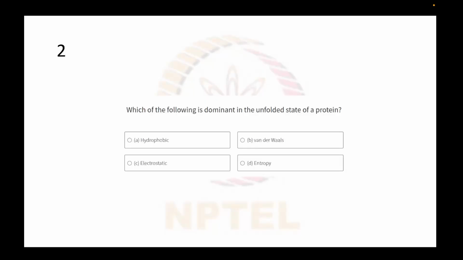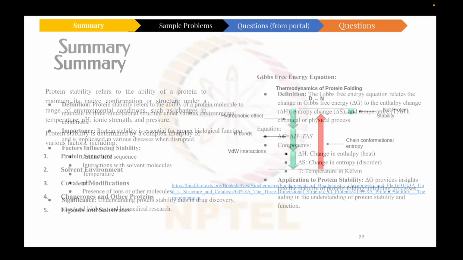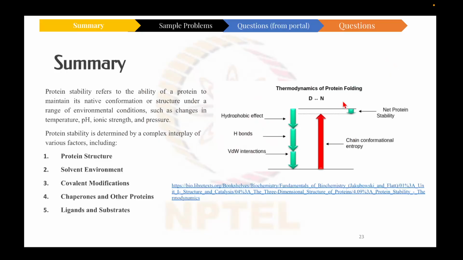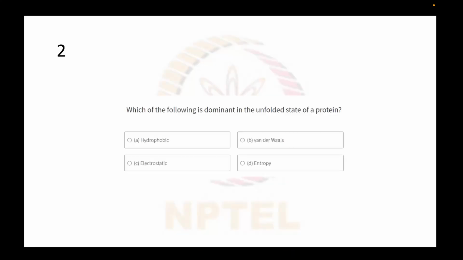Which of the following is dominant in the unfolded state of a protein?